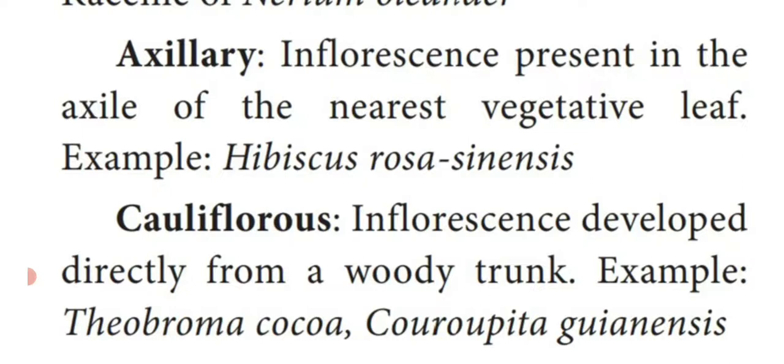So from that axil position itself, the inflorescence or group of flowers is produced. That type of inflorescence is known as axile inflorescence or axillary inflorescence. Example, Hibiscus rosa-sinensis. In Tamil it is called Sembaruthi.